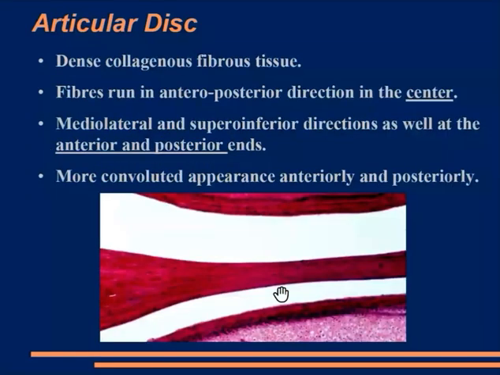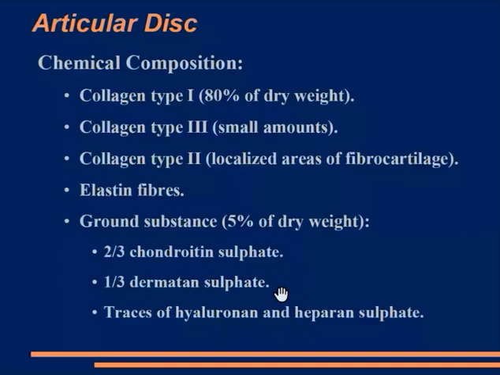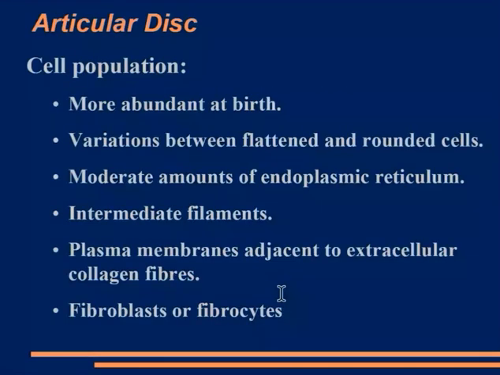The cell population present in the disc is more numerous at the time of birth, and the cells become sparsely distributed in adulthood. The cells show an outline varying between flattened and rounded, so fibroblast-like cells and chondrocyte-like cells.